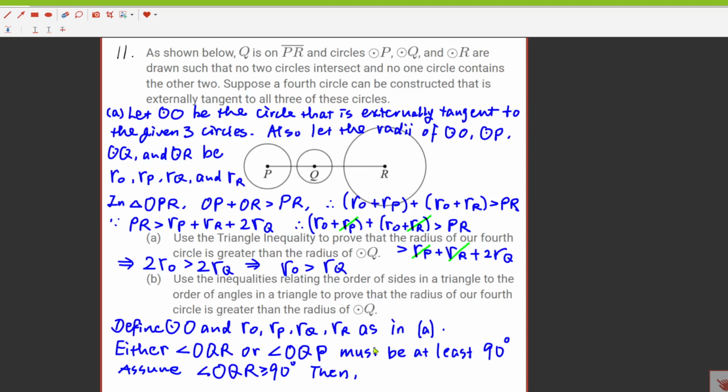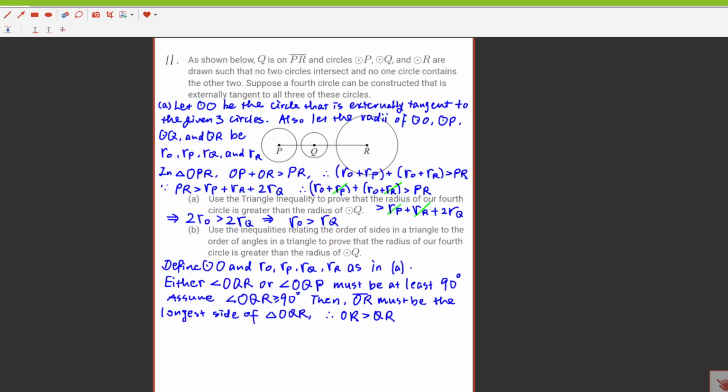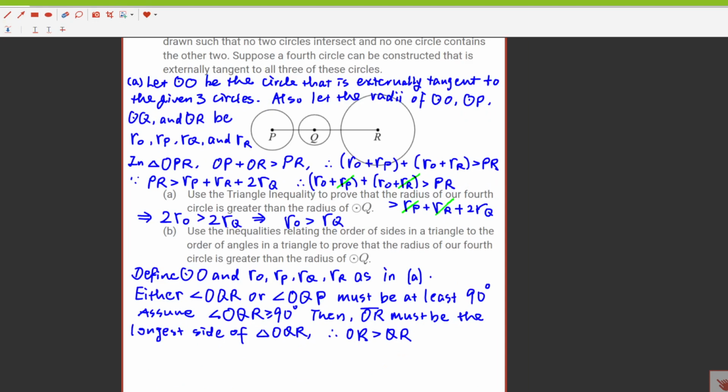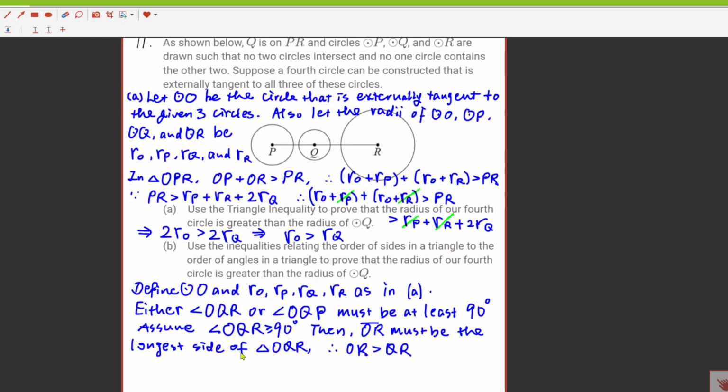segment OR must be the longest side of triangle OQR, right? Therefore, we have OR must be greater than QR. And therefore, we have rO plus rR must be greater than QR, right?